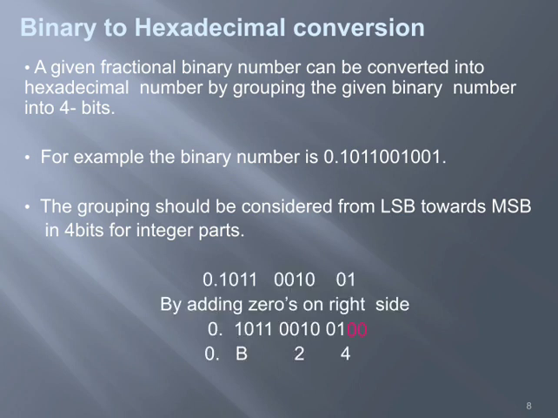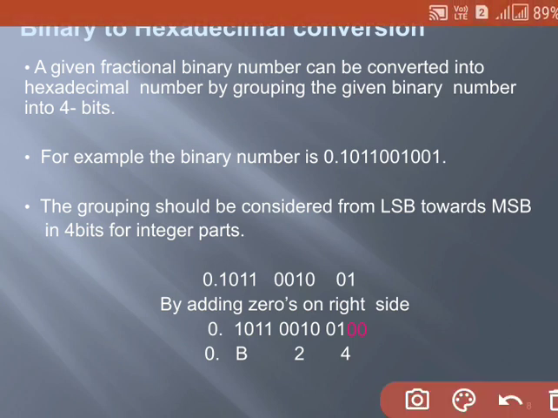So it is like this: 0 point. First it will be 1011, and next it will be 0010, and the remaining 01 will be appended with 2 zeros like this, so that it becomes a group of 4 bits binary. Replacing each group of 4 bits with its equivalent hexadecimal digit will give you the conversion of a fractional binary number to a fractional hexadecimal number.